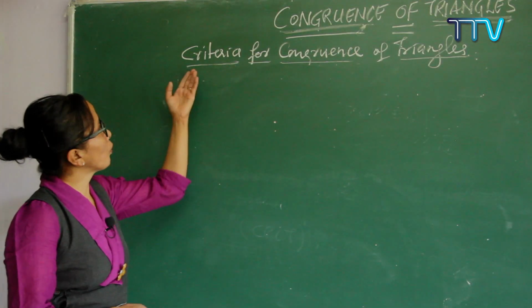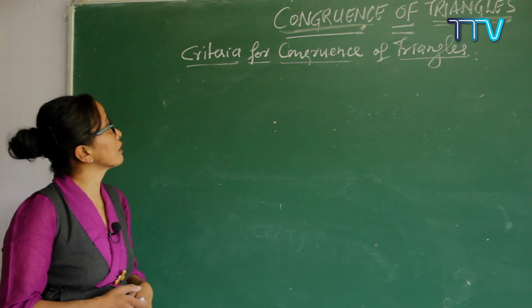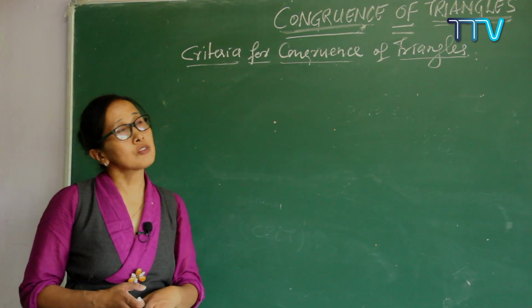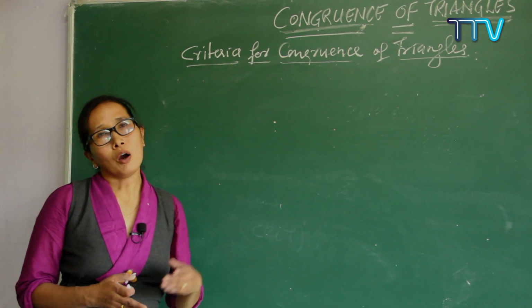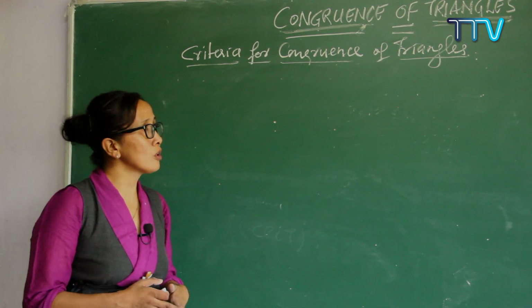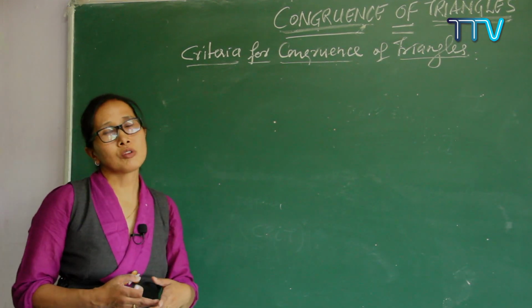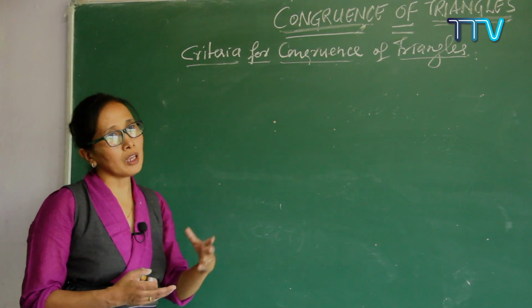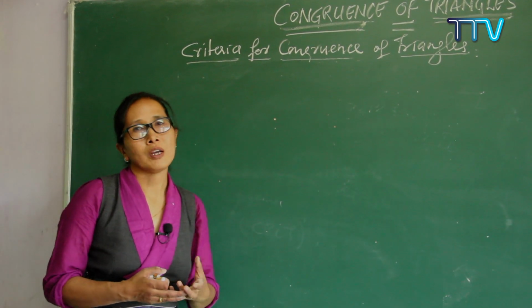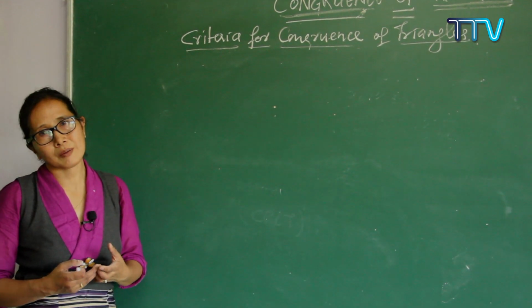Okay, next we are going to do criteria for congruence of triangles, or you can just say rules for congruence of triangles. Why are we using these rules? How do we prove that two triangles are congruent?